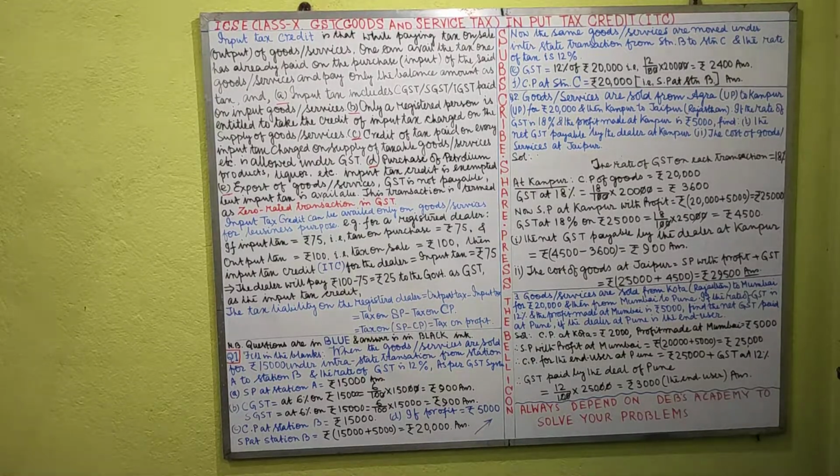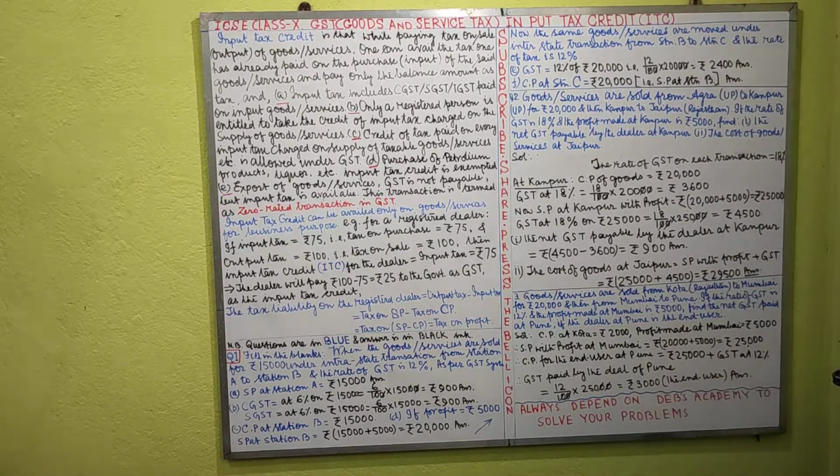Input is purchased, and the said goods or service, and pay only the balance amount as tax. Number A, input tax includes CGST, SGST, IGST paid on input goods or services.